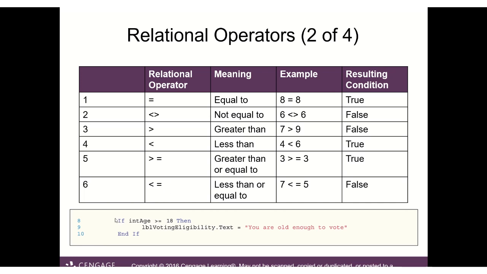See line number 8: If intAge, some variable, is greater than or equal to 18, then you put a message, you are old enough to vote, and then an End If. Here the greater than or equal to operator is the relational operator. It determines whether the person's age is more than or equal to 18.